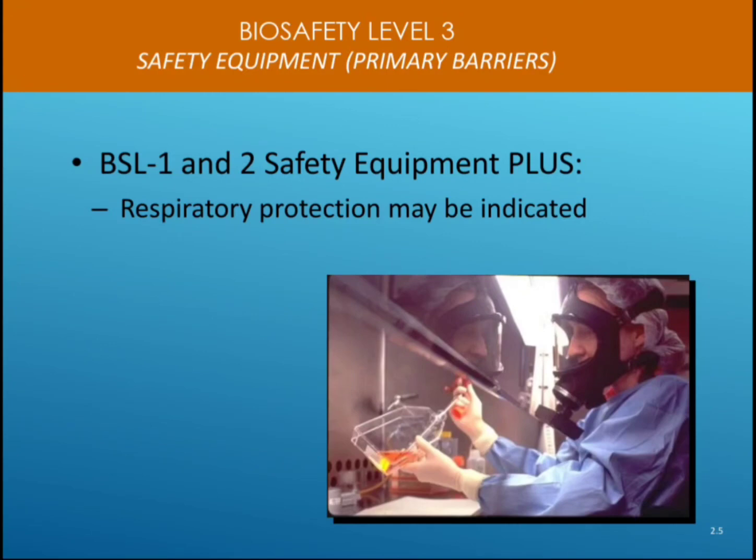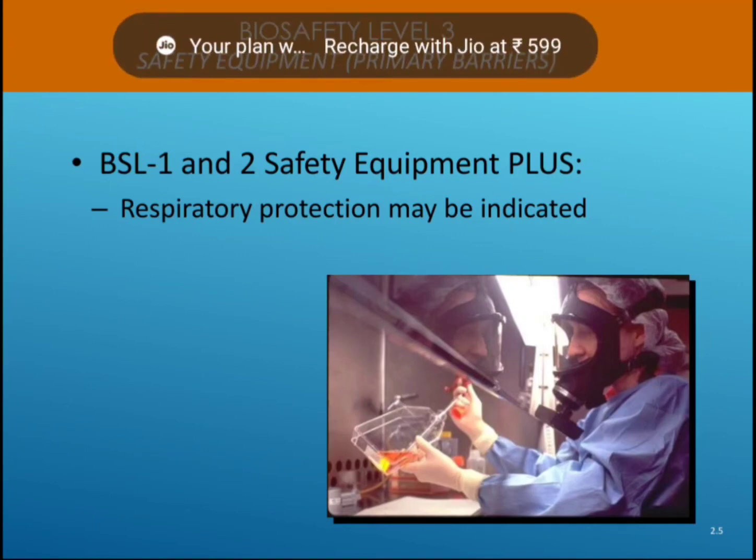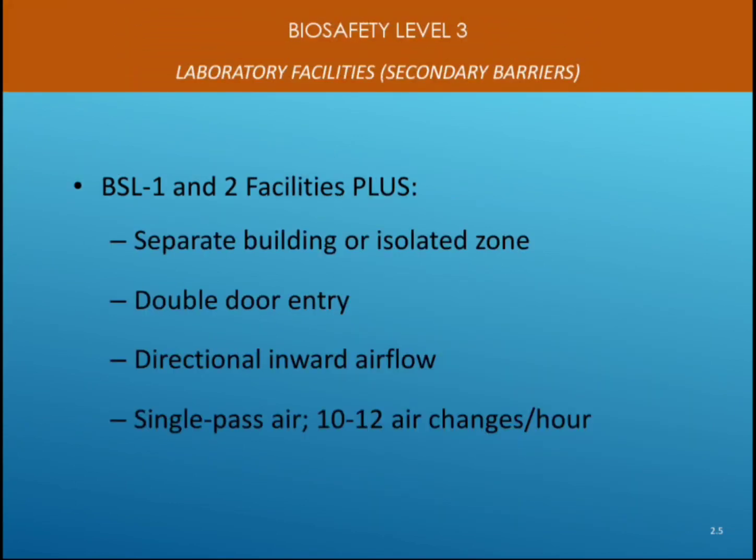So next is biosafety level 3, that is safety equipment. BSL 1 and 2 safety equipment should be there, plus respiratory protection may be indicated. You can see the person over here is wearing a different type of mask, where the air exhaled by the person is decontaminated and then released outside. Then in biosafety level 3, BSL means biosafety level.